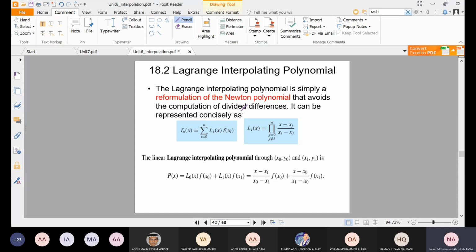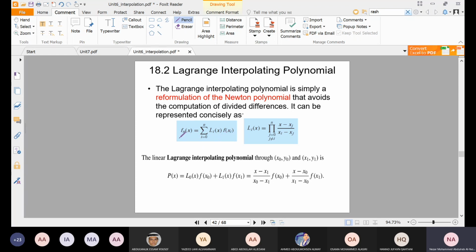So Lagrange interpolation polynomial, as we said, is a simple version of Newton polynomial, and it is also used for curve fitting. So all these polynomials that we study are used for curve fitting, that means we want to estimate the line. So we have this form of the Lagrange polynomial.